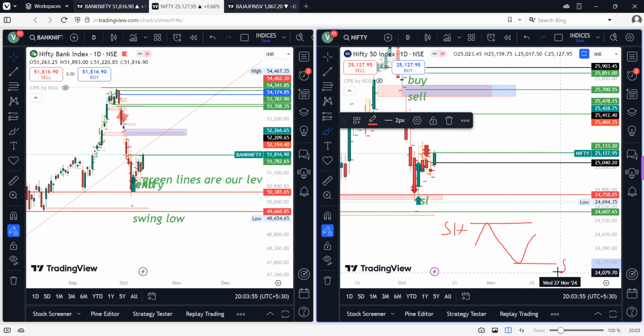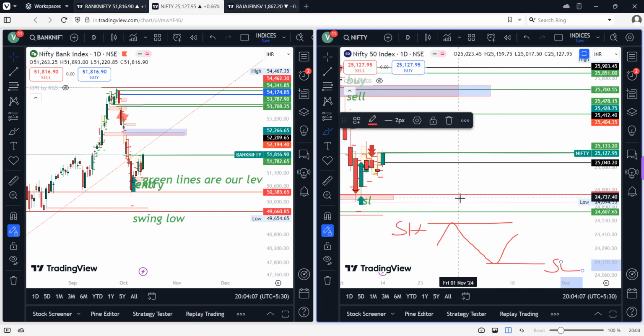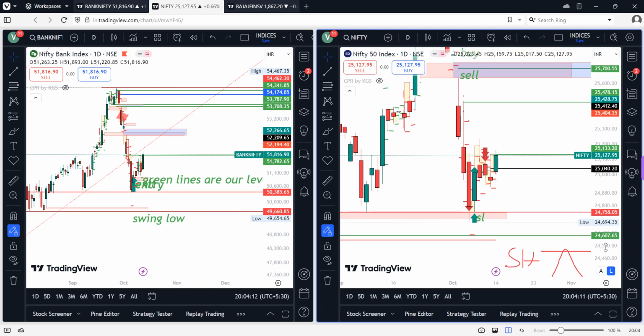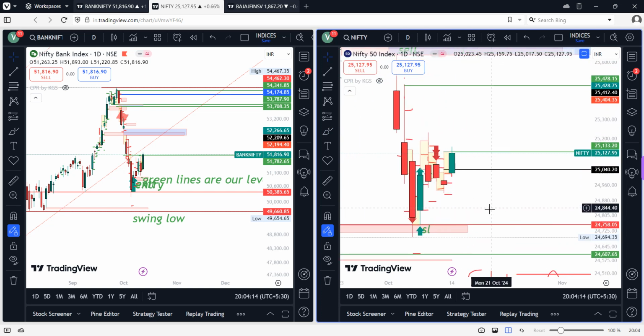We mark these levels because these are going to be strong supports. Earlier this was a strong resistance and here it is a strong support. We mark these levels to observe how the price reacts at them.